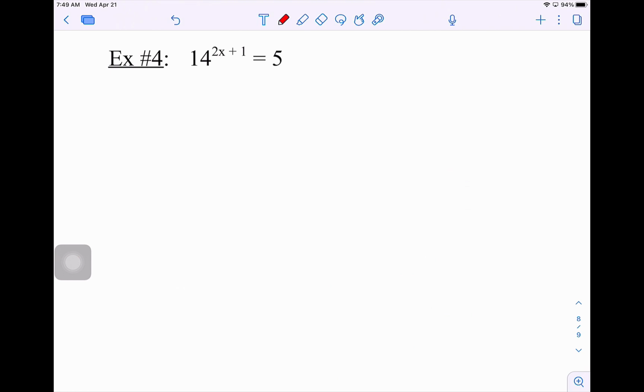trying to get that. I don't know. It's not. It's just going, but it's like 39.